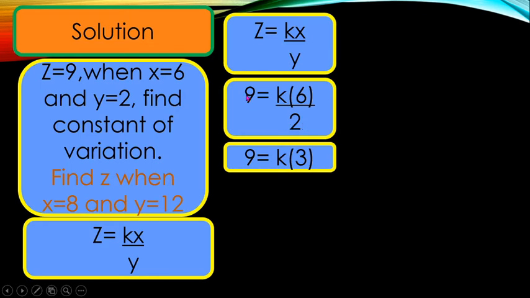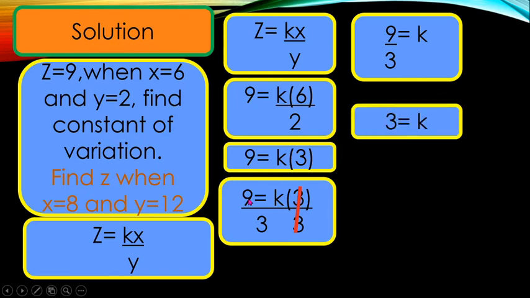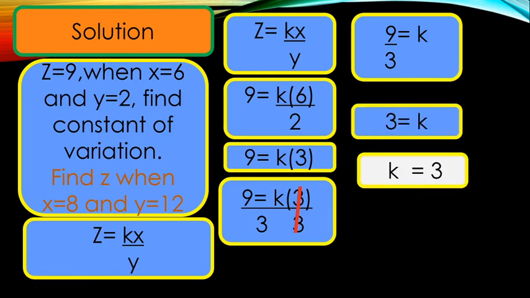So 2 times 9, or we can divide directly the 6 and 2. 6 divided by 2, that is 3, because 6 is divisible by 2. Next, K times 3, that is 3K, then equals 9. Now to eliminate the 3 here, you have to divide both sides by 3. So we can get the value of K by dividing 9 by 3. 9 divided by 3, the answer is 3, so K equals 3.